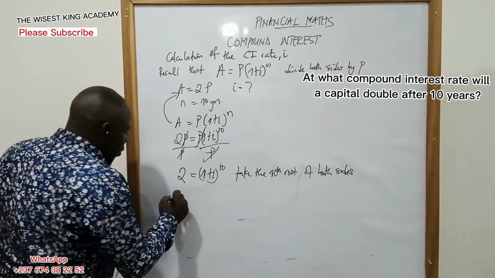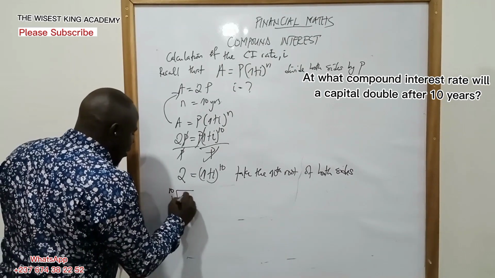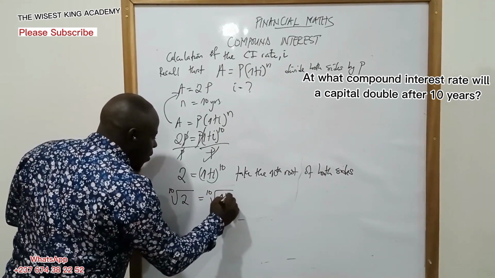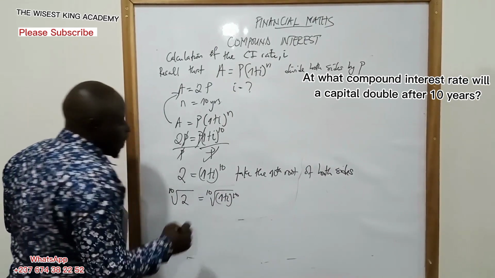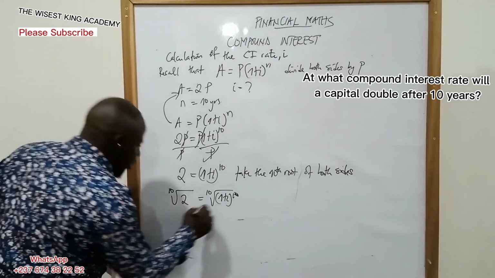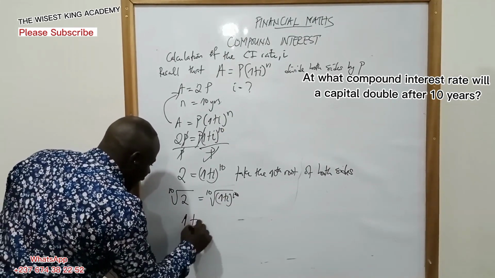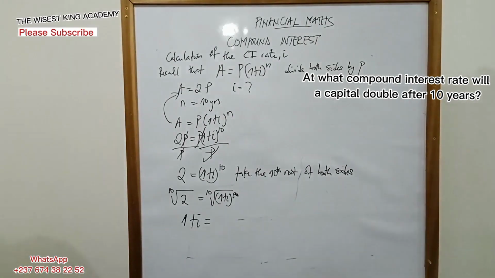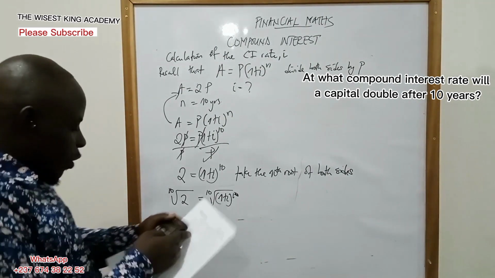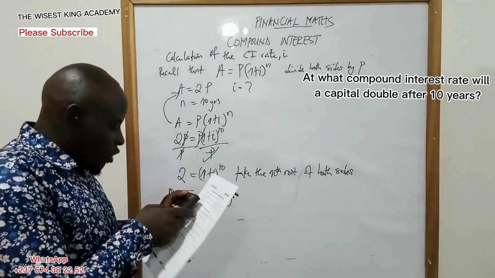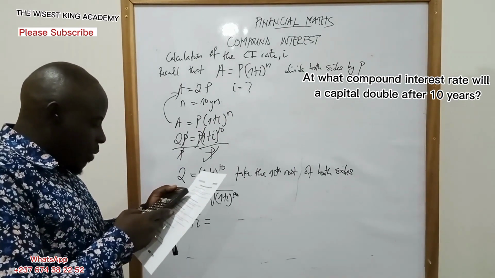What do we have? We are going to have the 10th root of 2, and the 10th root of 1 plus I raised to the power 10. So we use a calculator. The 10th root will leave us with 1 plus I. You press 10, you press shift, you press the raise to the power key, you press 2, then you press equal to.